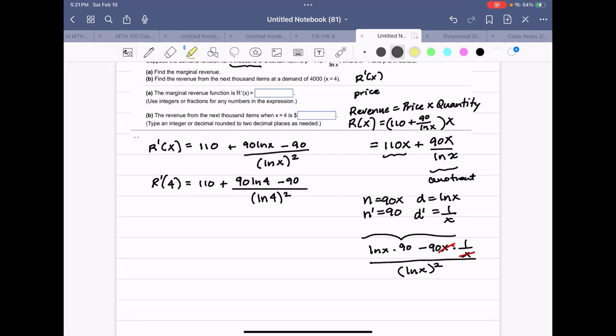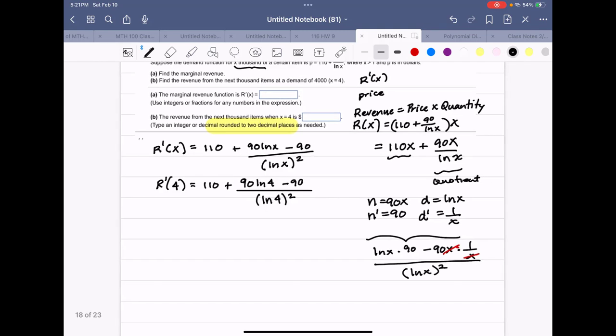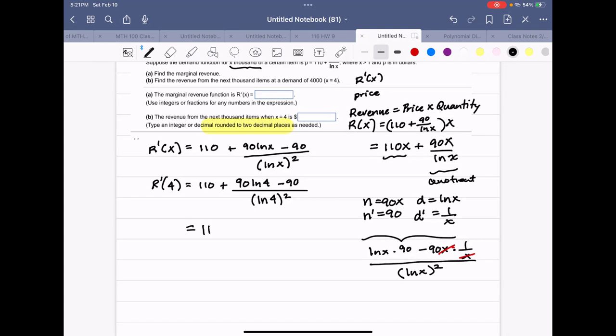And they've asked me to find this rounded to 2 decimal places. So I'll use my calculator. And the safest thing, most likely, for you to do is to get a value for the numerator, a value for the denominator, go several places so you don't have a rounding error, and then round at the end.